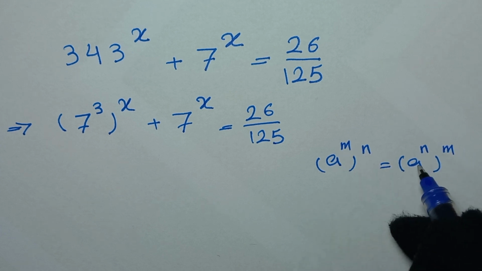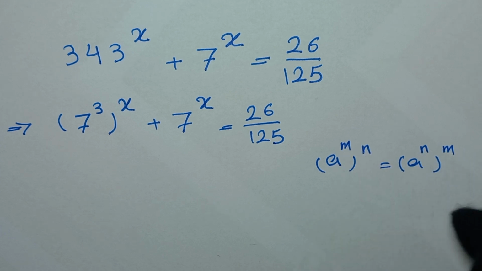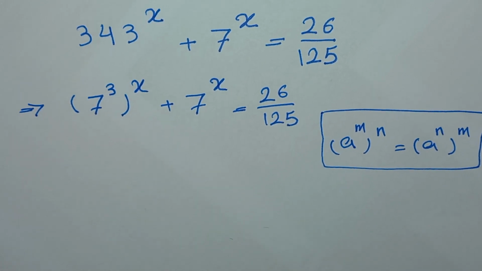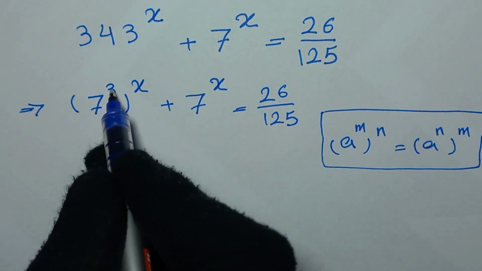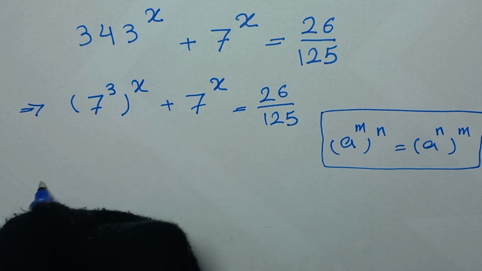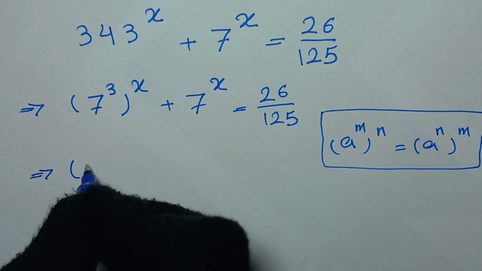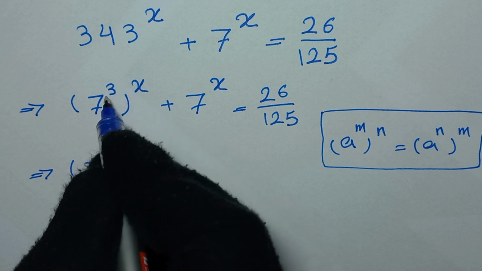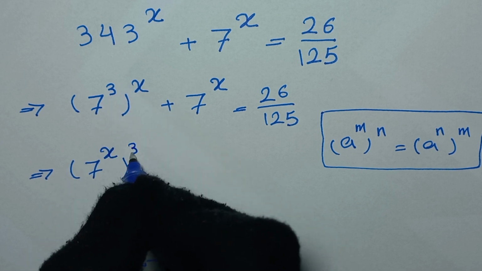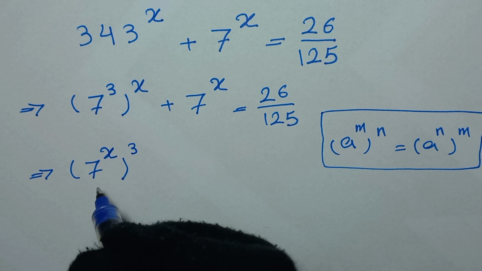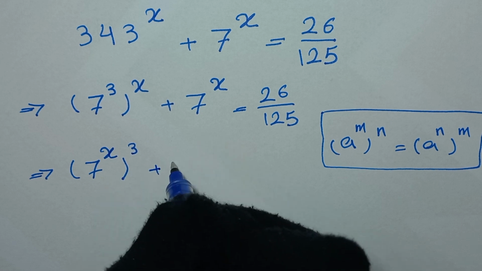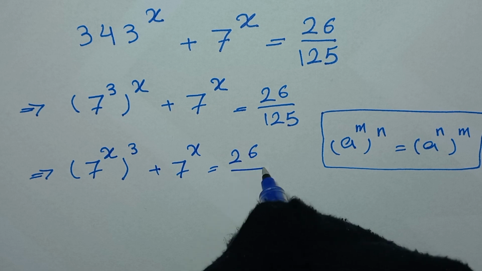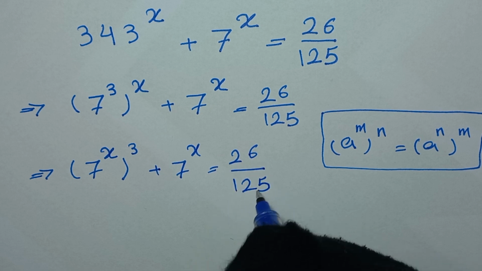So we can write 7 to the power of 3 to the power of x as 7 to the power of x, we take this x inside the bracket and to the power of 3, and we take this 3 outside of the bracket, plus 7 to the power of x is equal to 26 over 125.